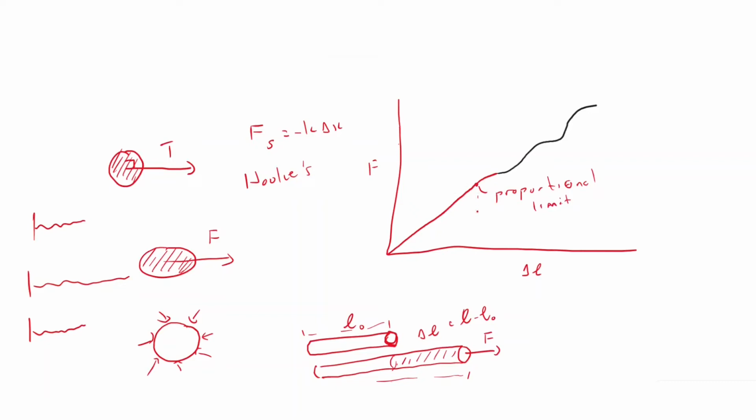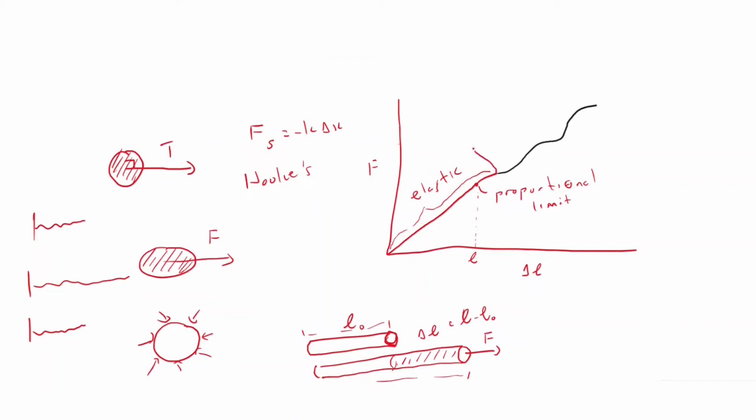There's a particular length that once you pass it, it will no longer obey Hooke's law. Now, from here, while you are still stretching it, it is still elastic, meaning that when you leave it, it will come back to the original position. Okay, so you still have the elastic region. So this is the proportional limit.